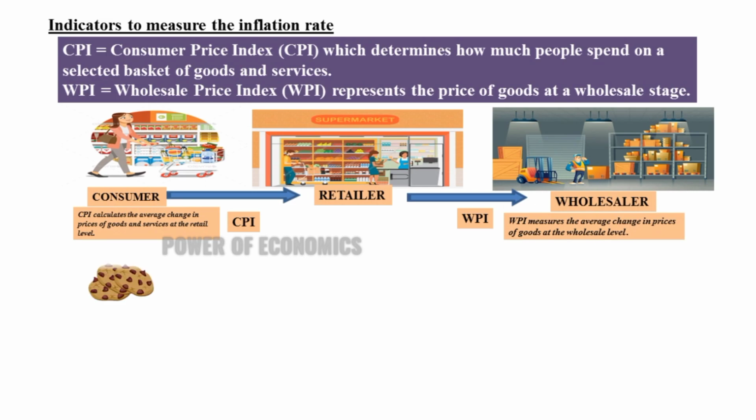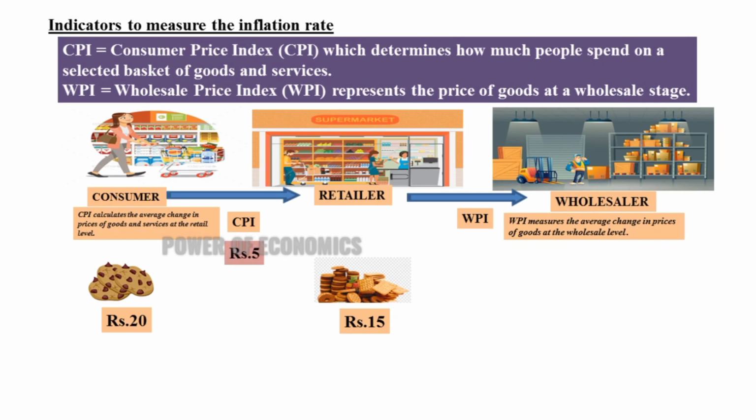For example, when a consumer purchases a biscuit for rupees 20, a retailer purchases the same biscuit for rupees 15, but in bulk quantities. The average change in the price of the biscuits at the retail level is rupees 5.